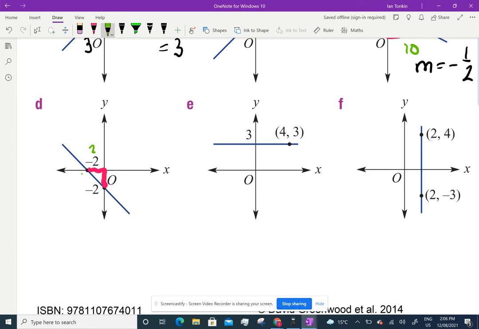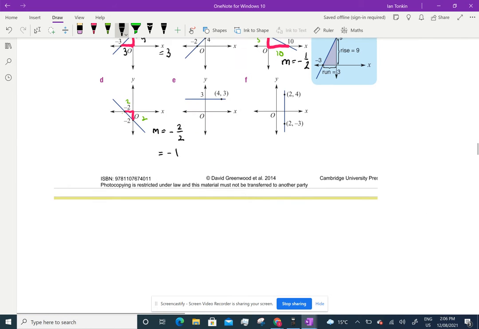Well, this is 2 across and 2 down, so my gradient is 2 over 2, but it's going down, so it's negative. And 2 over 2 is negative 1. Once you get used to using it, you should be right.